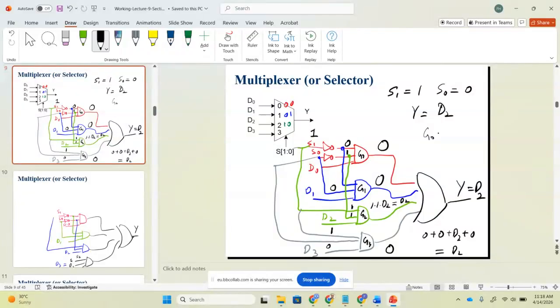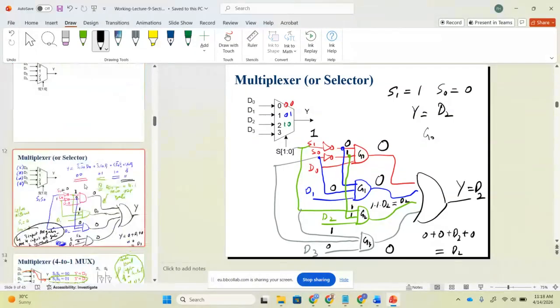You got it or not? And G1 will pass D1 if the select is 0 1, and the others will be 0. Any question? This is clear? Very good, and it's a very good question. This is how the logic of the multiplexer works.